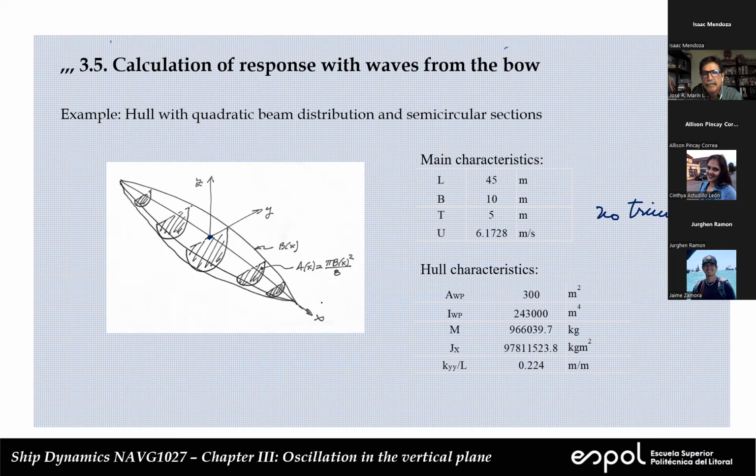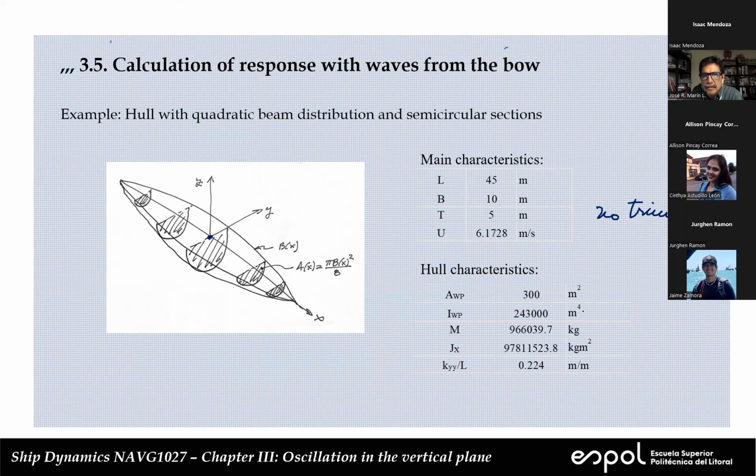In this case, these are the hull characteristics. We can integrate. This is, I think, 2/3 LB. So yeah, divided by 3, that's 15. The inertia, okay, we have to integrate.